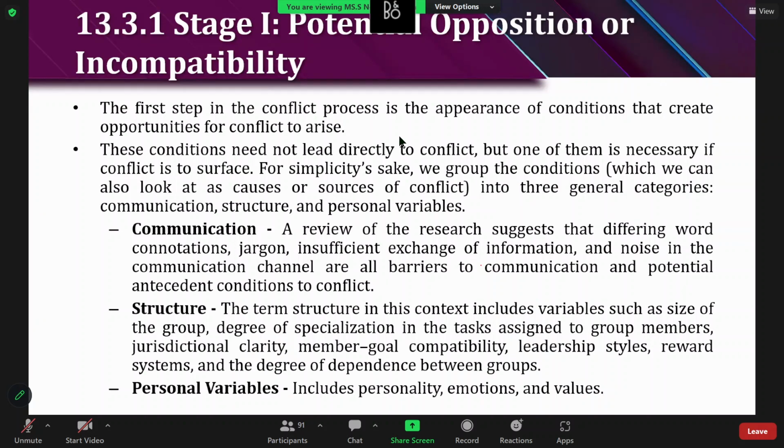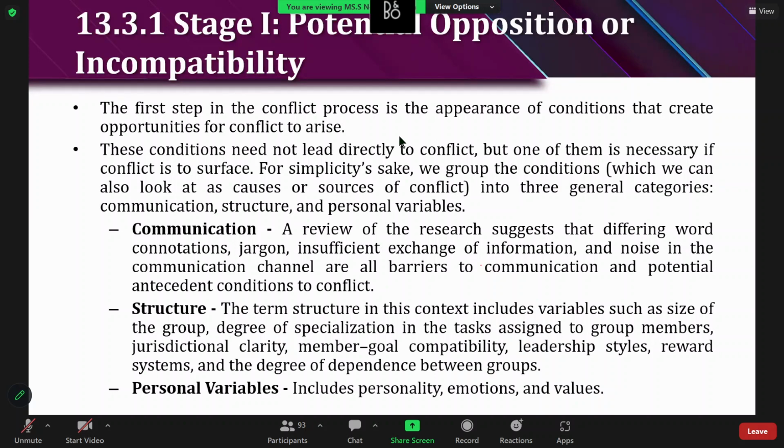The barriers could be connotations, or using jargon which is not understandable by both parties, and sometimes the parties are not willing to share sufficient information, and then sometimes noise in the communication channel. These can create barriers in the communication process, which in turn gives an opportunity for the conflict to arise.